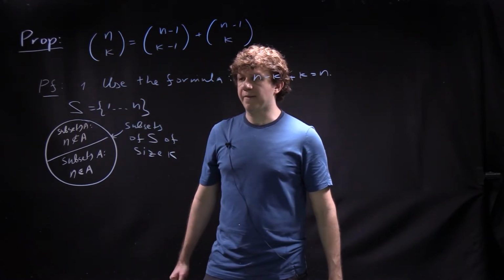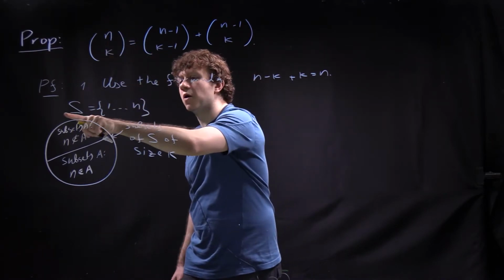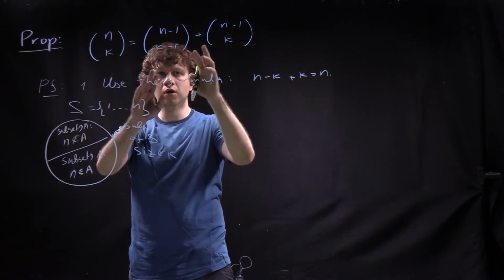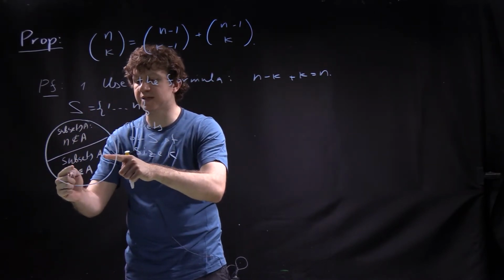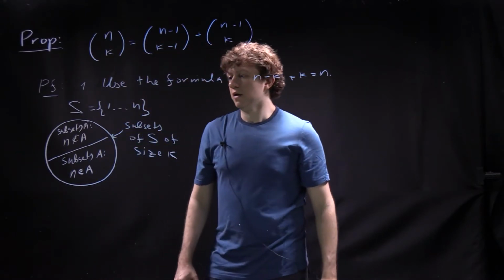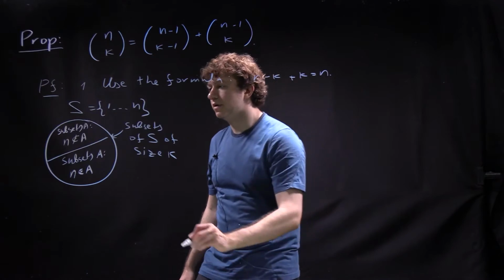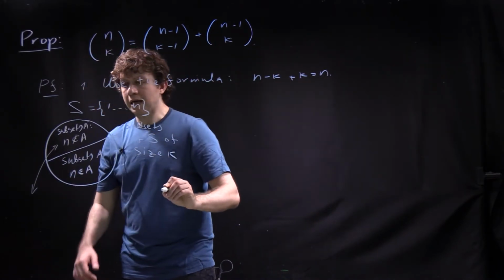And of course, the whole set of subsets of size k can be split into two parts: the number of subsets not containing n and the number of subsets containing n. So how many subsets are there not containing n? This is in bijection.